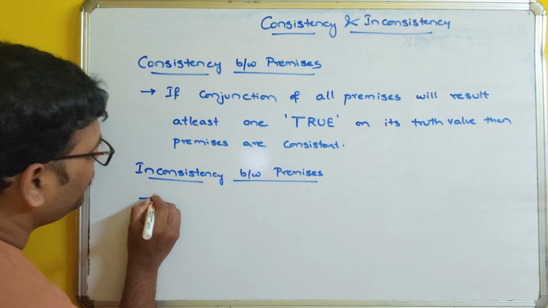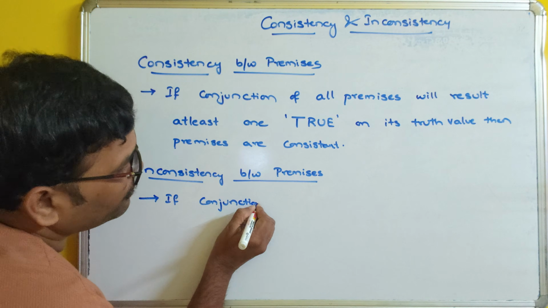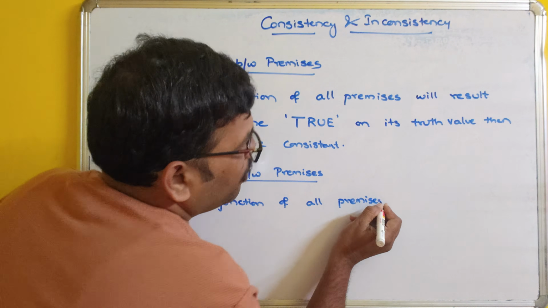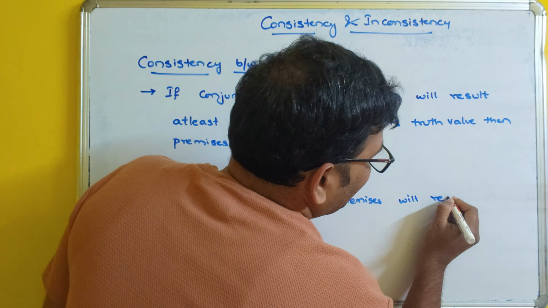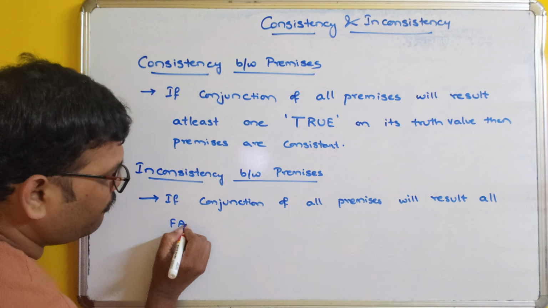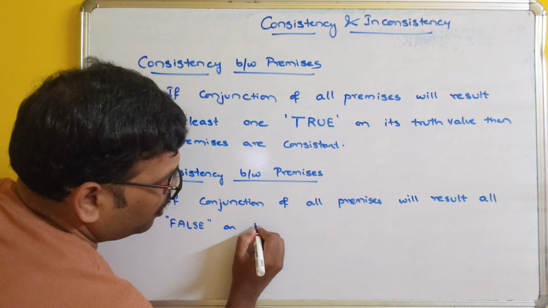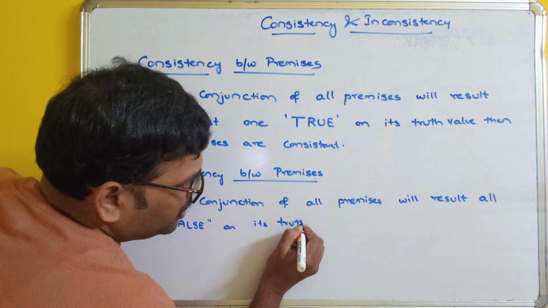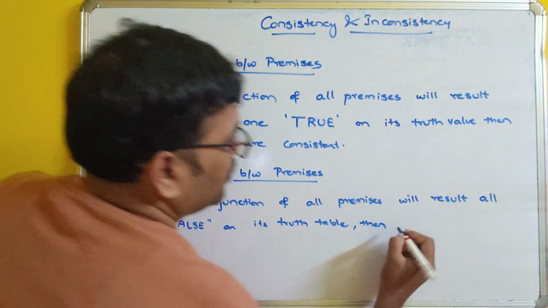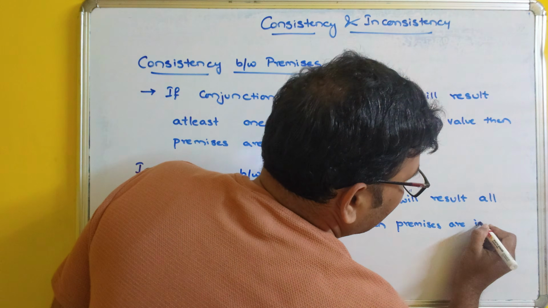The same definition I'll write: if a conjunction of all premises will result in all false on its truth table, then the premises are inconsistent.